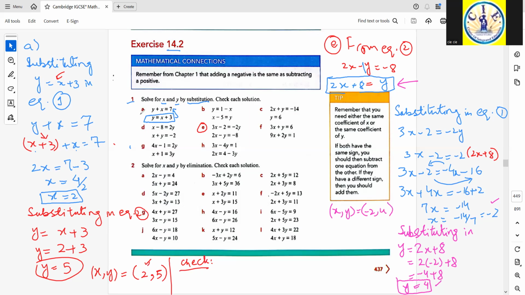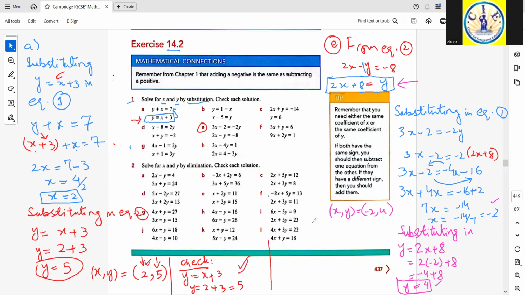If I replace this value in, let's suppose, equation number 2, that states that y is equal to x plus 3. Now, if the value of x is really 2, let's see whether the value of y really is 5 or not. So 2 plus 3, that is 5. Yes, the value of y is also compatible with our answer. So that means our answer is correct.